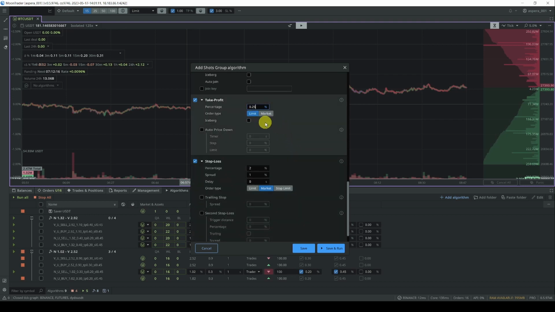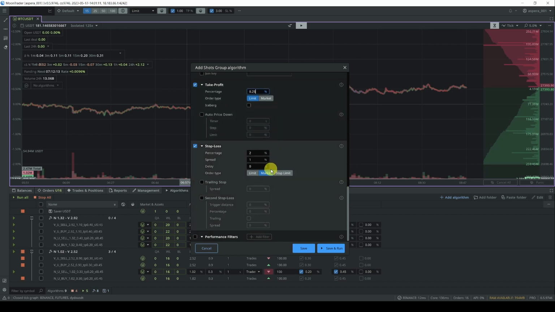Now, limit order for take profit and the market order for stop loss. Let's leave a big stop loss because it doesn't matter. Well, actually, let's say 0.5% so that we also see some losses.